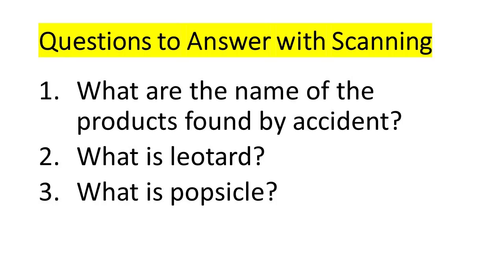In number 1 you only mention the name, but number 2 is more detailed, so your answer will be more detailed than number 1. Number 3 is also the same as question number 2. You want to get the detail of the definition.